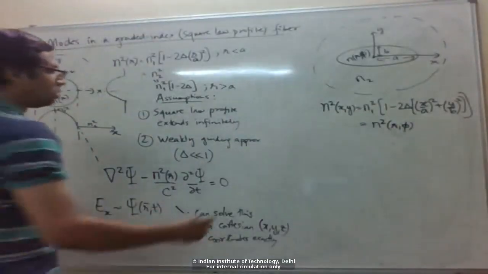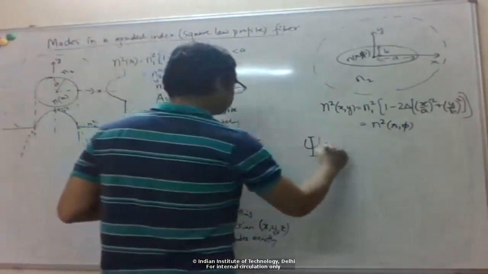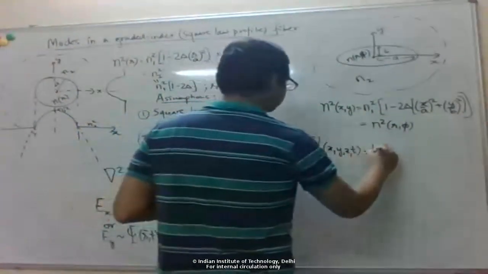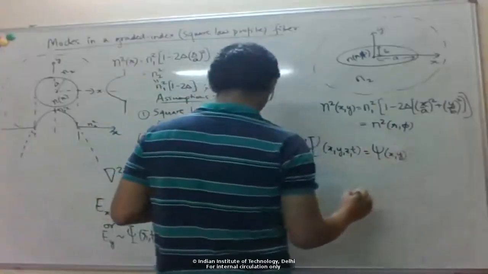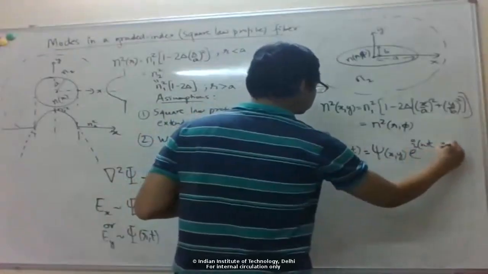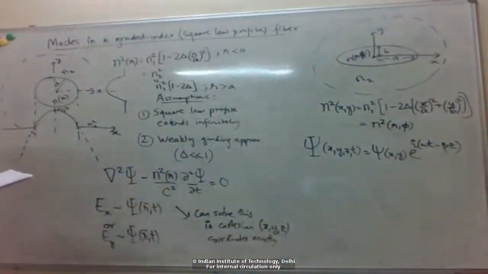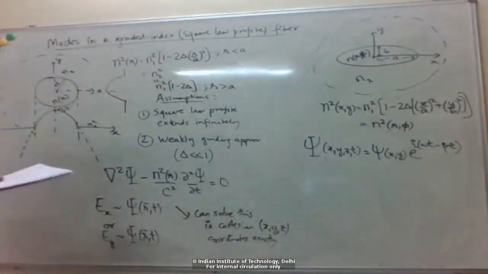Again, we assume the mode profile to be the usual. So we have a mode profile in the cross section and then a propagation phase. And so we plug this into the wave equation here.